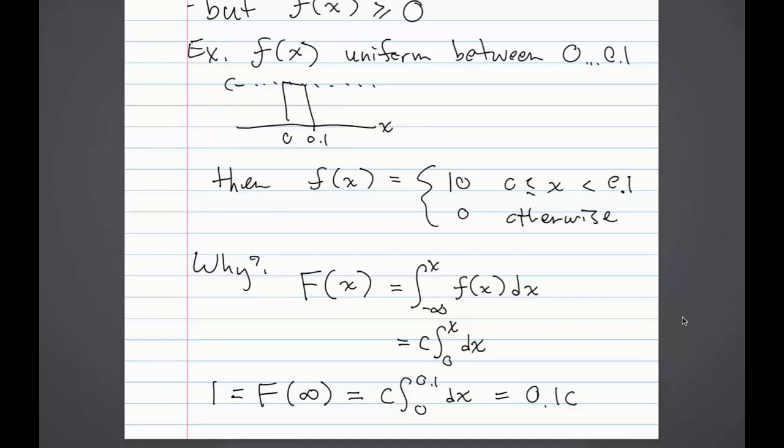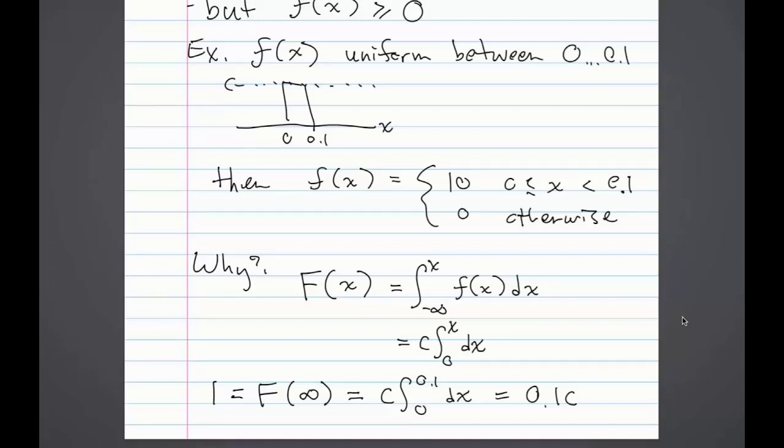Now we know that from above, big F of infinity has to equal 1. So the integral from minus infinity to infinity equals 1. But since little f of x is 0 after 0.1, we can just take the integral from 0 to 0.1. That gives us 0.1c. And if we solve for c, c equals 10.